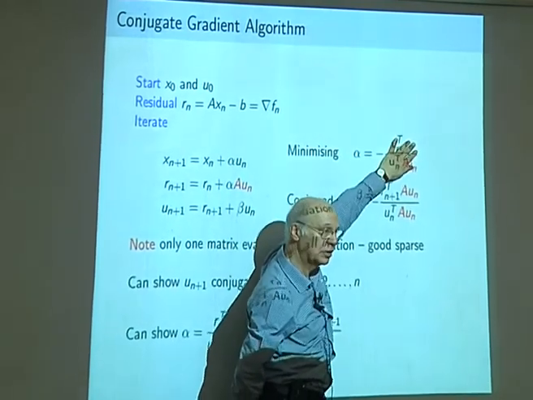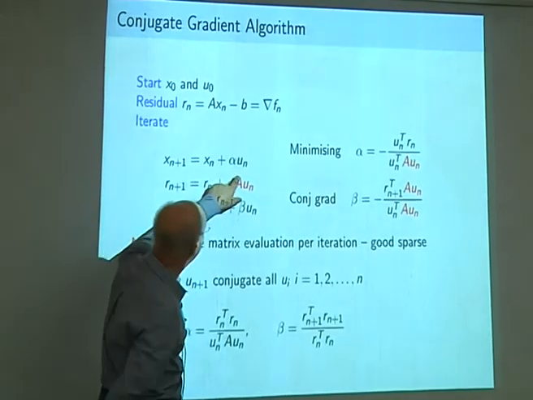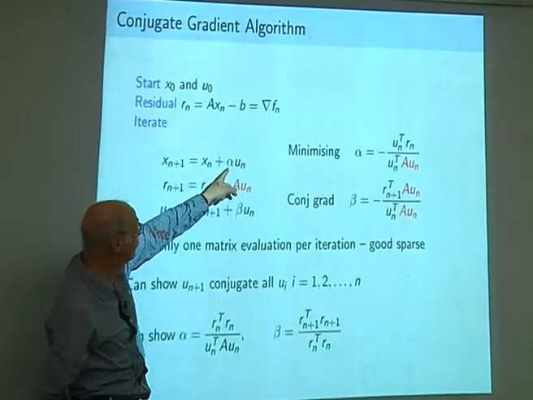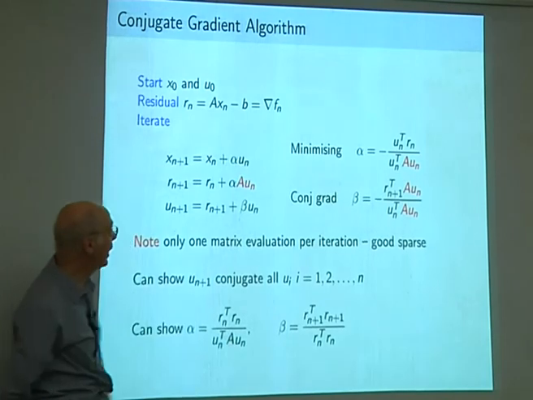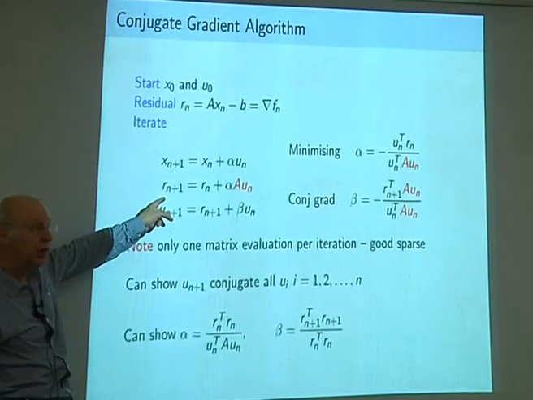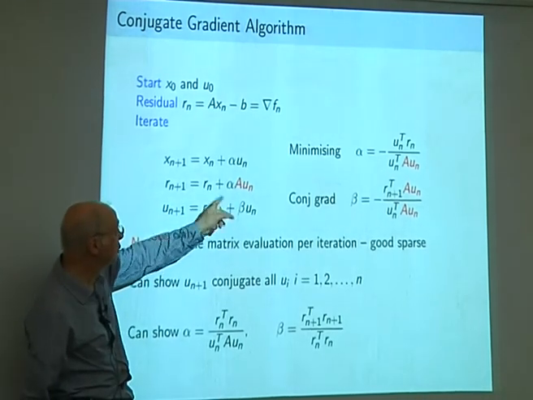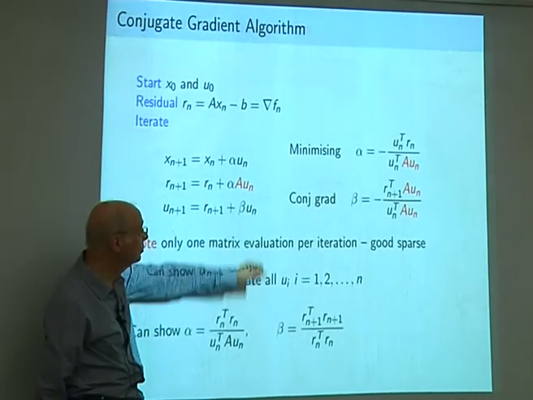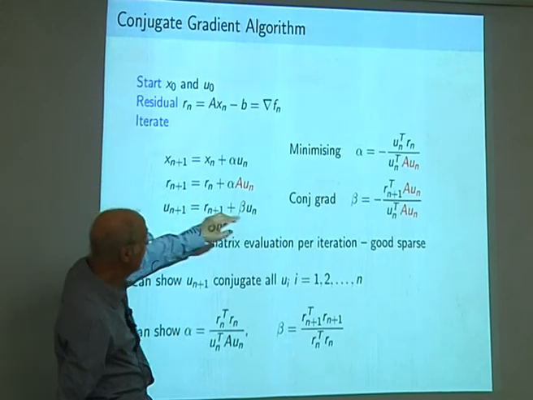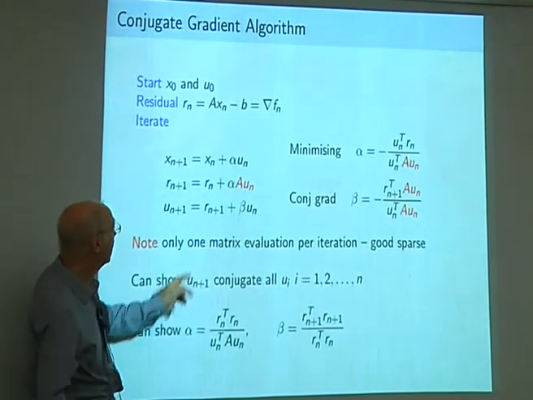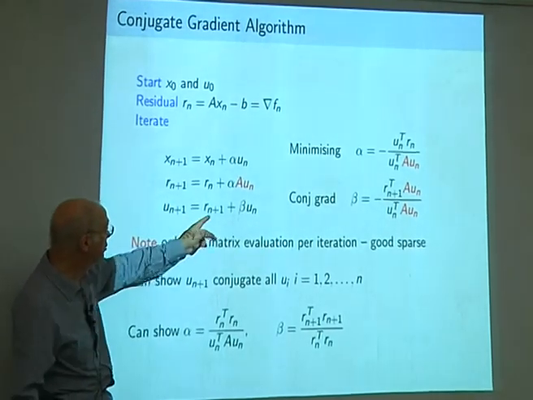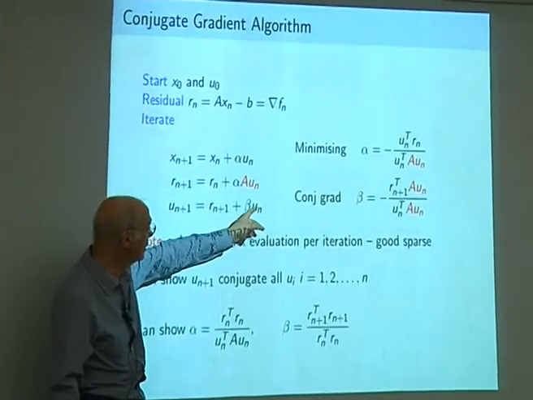That's the thing we've just calculated. So you make that move and go to the new point, which is alpha along the direction of un. You work out the new residual at this point, which just happens to be the old residual plus alpha times Au. And then you choose the new direction as being this new residual plus beta times un.